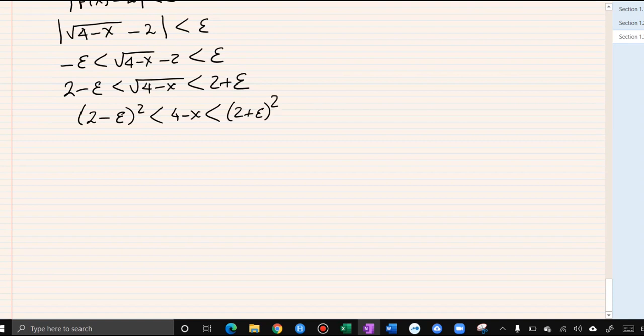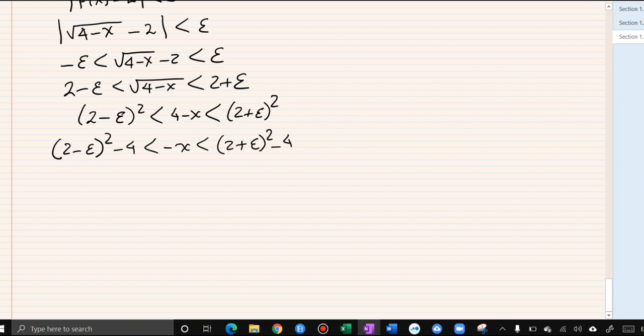And then what are we going to do? We're going to isolate x, right? So let's subtract 4 from all parts, and we're going to get 2 minus epsilon squared minus 4 less than negative x less than 2 plus epsilon squared minus 4.